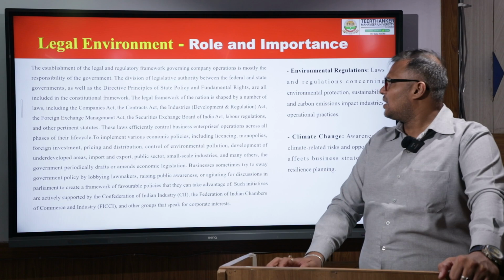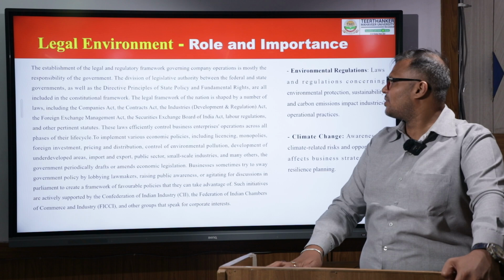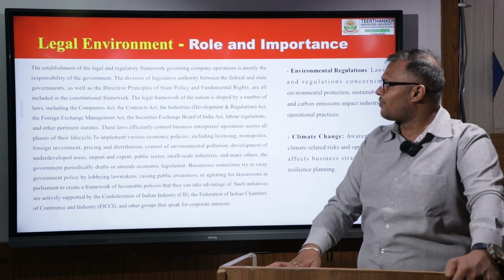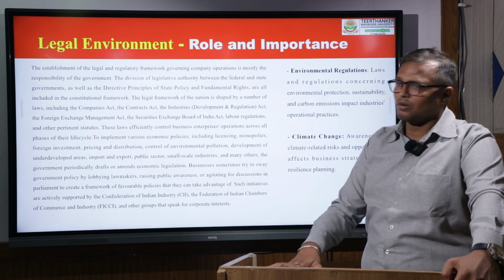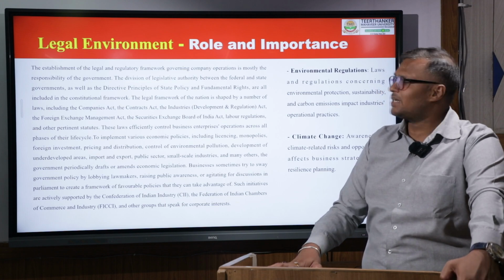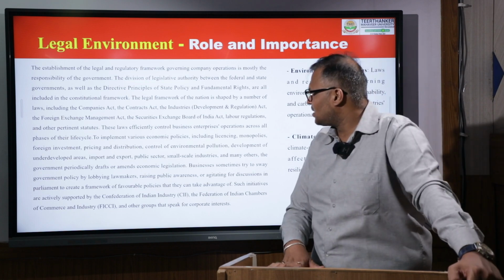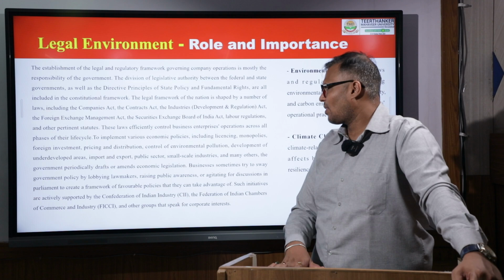And there are various legal frameworks which are shaped by a number of laws, which include, for example, the Companies Act, Contract Act, Industrial Development Regulation Acts, Foreign Exchange Management Act, that is called FERA-FEMA, even SEBI, labor regulation, and many other laws and clauses which impact the organization. And these laws effectively control business enterprises across different phases of the life cycle.